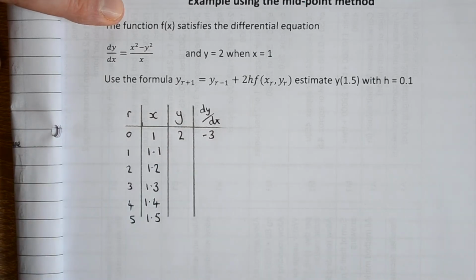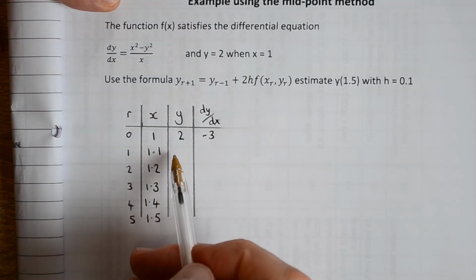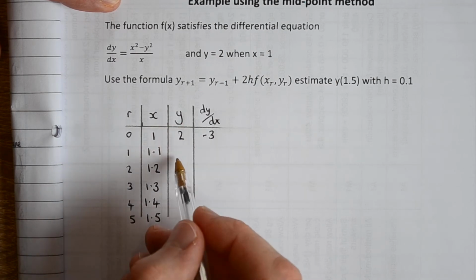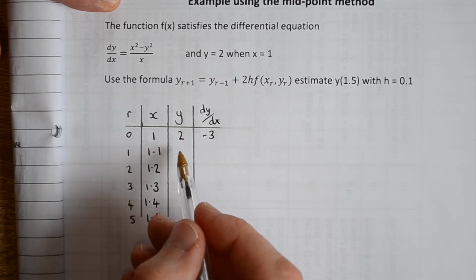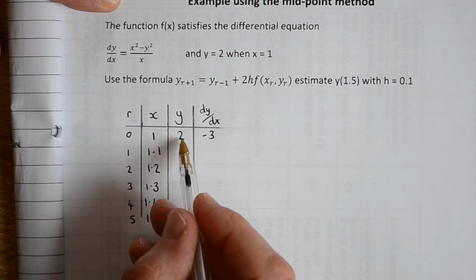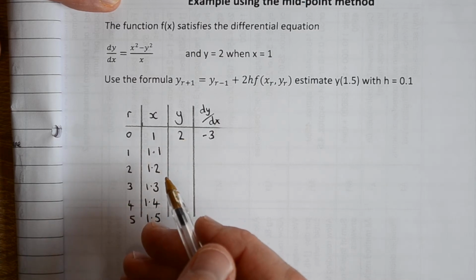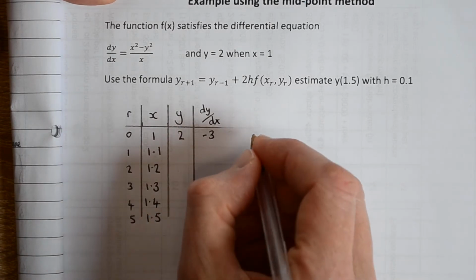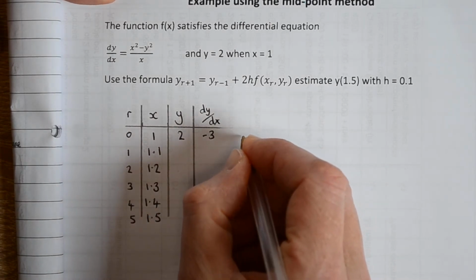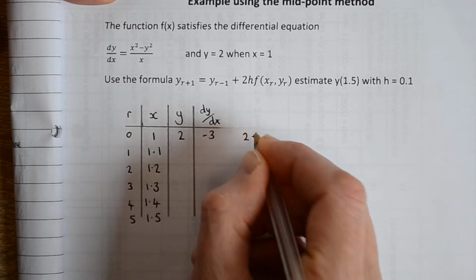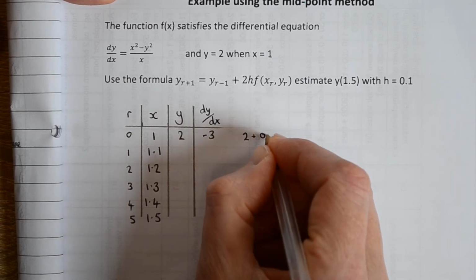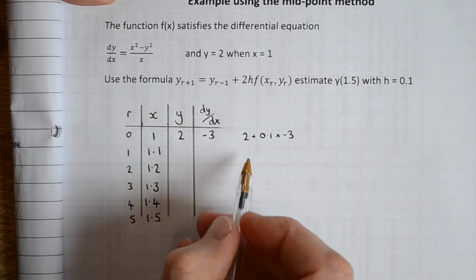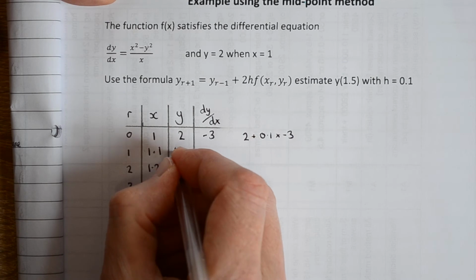Now for the midpoint method, we want to go back 2 spaces or two rows to find our previous y value, but since we can only go back 1, we use Euler's step-by-step method just to find this one. So here we're going to use the previous y value plus the step length times the gradient. So that's going to give us 1.7.